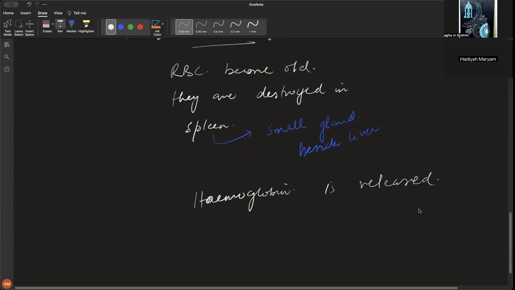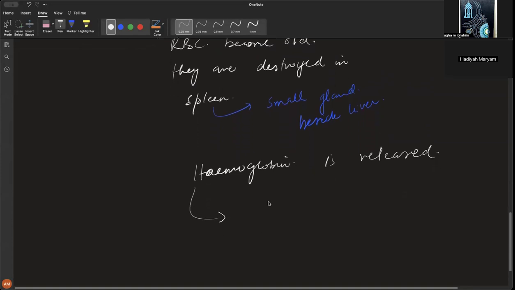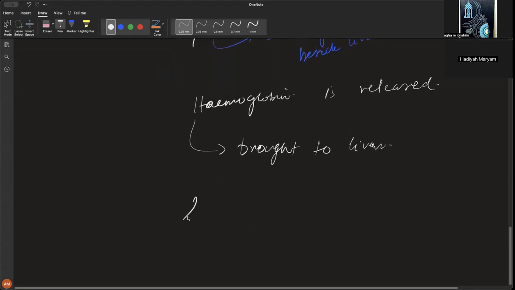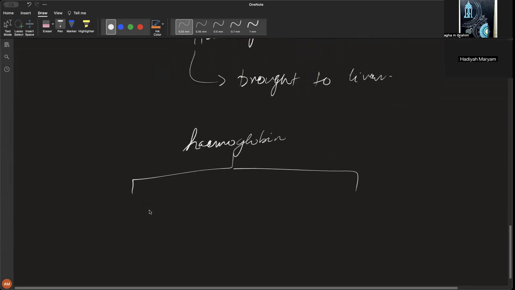This hemoglobin is brought to the liver, and this hemoglobin is further broken down into two components in the liver.